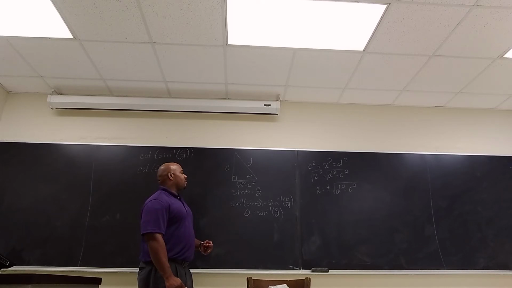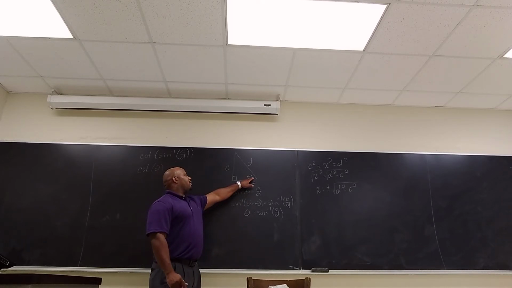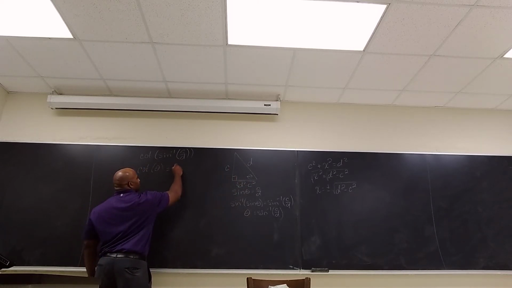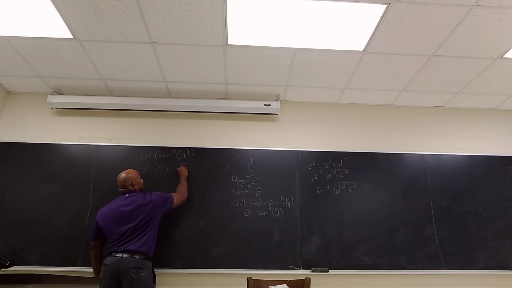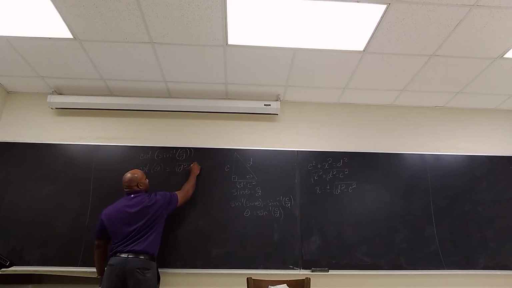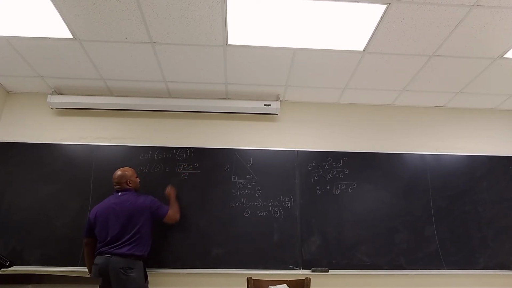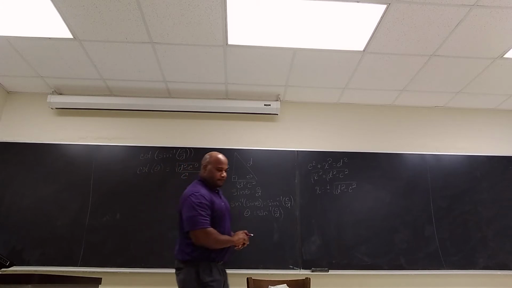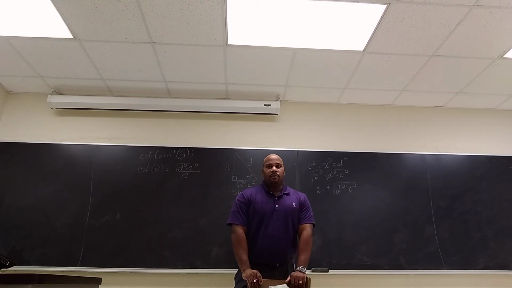So cotan is adjacent over opposite. My angle theta is here. This is my adjacent. That's my opposite. So cotan theta is equal to square root of d squared minus c squared all over c. And that is the answer that I need for that one, with no numbers.